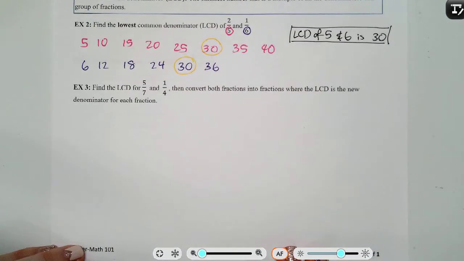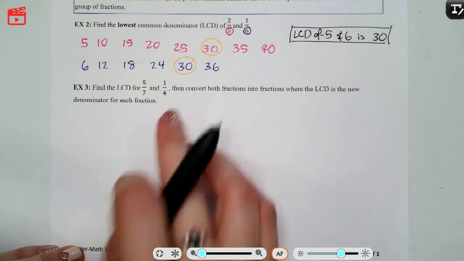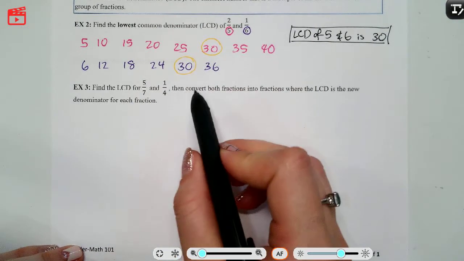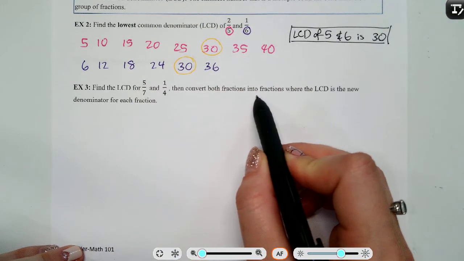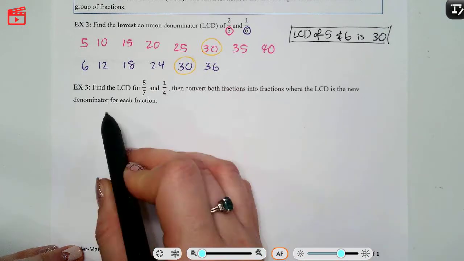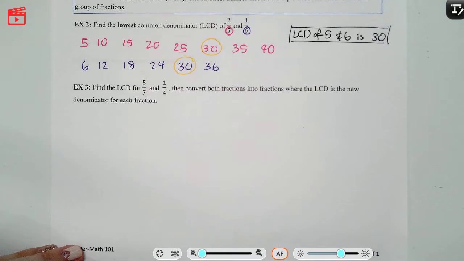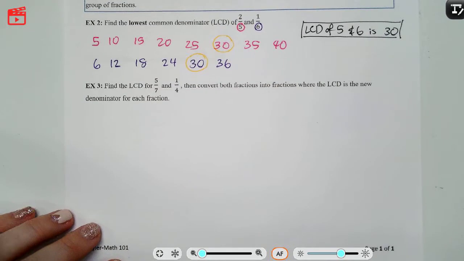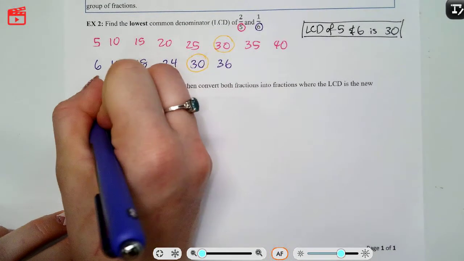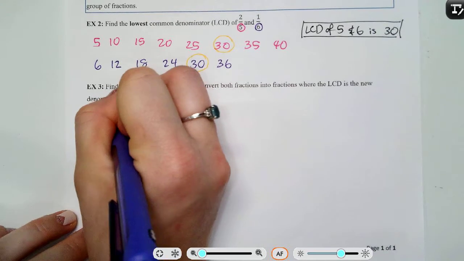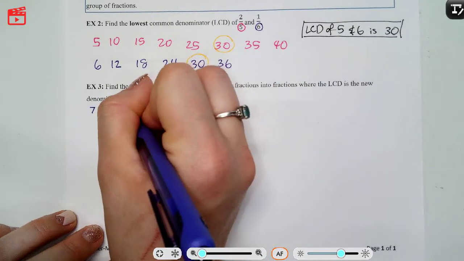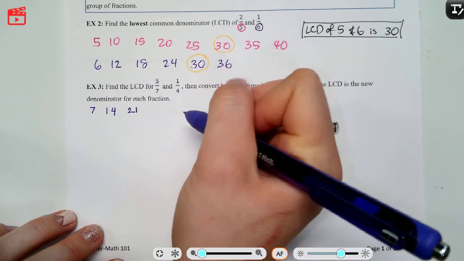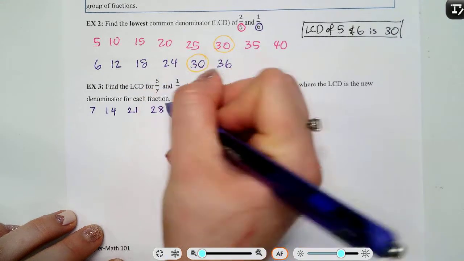Alright, so now we want to find the lowest common denominator for these two fractions, and then convert both fractions into fractions where the LCD is the new denominator. Okay, let's do this step by step. So, 7 and 4, let's see. 7, 14. 7 times 3, 21. 7 times 4, 28.